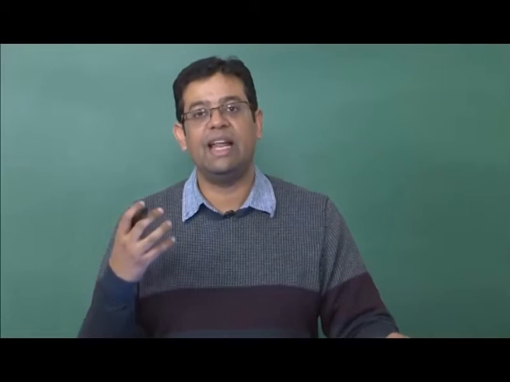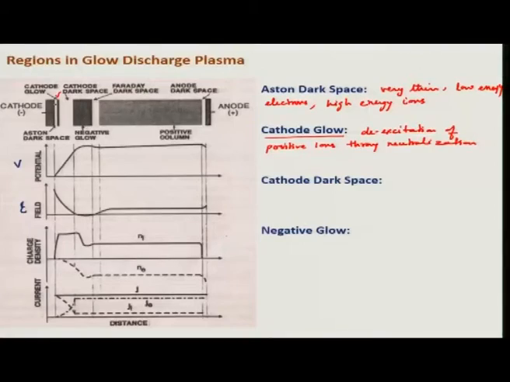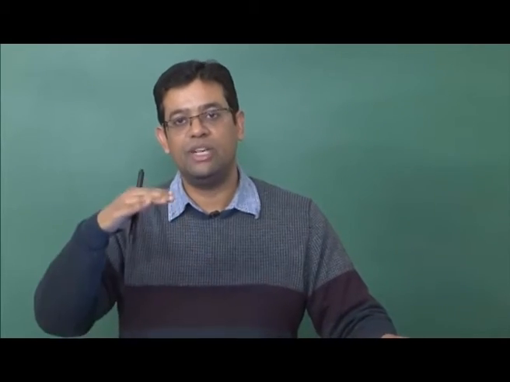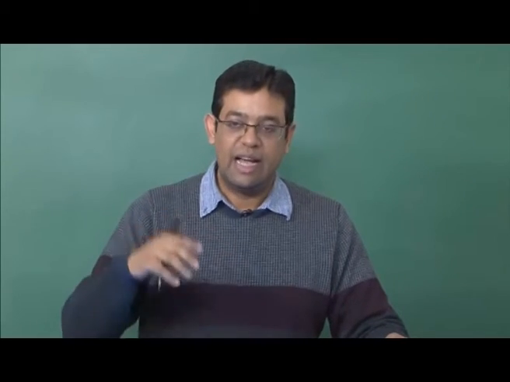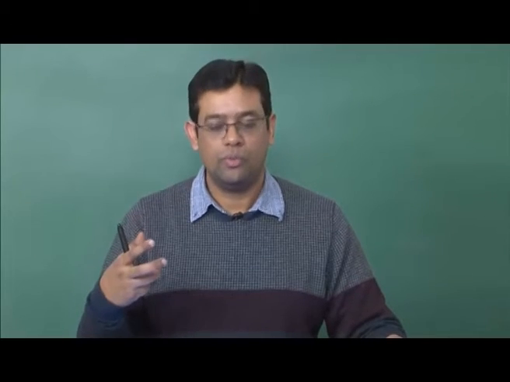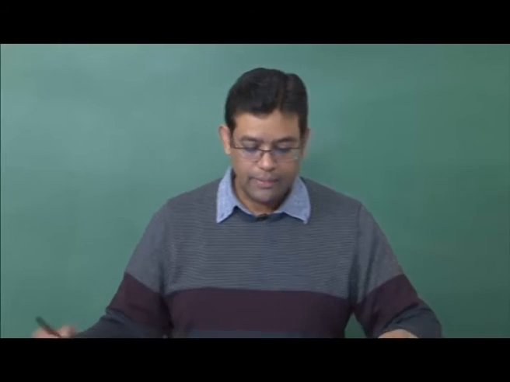So that is an excited ion, okay. When this excited ion comes to this region, it interacts with a low energy electron and gets de-excited, okay. That means an electron from the high energy state in the ion falls back to its original low energy state, and when that happens, it emits a photon which is the glow, and that we see as cathode glow, okay.